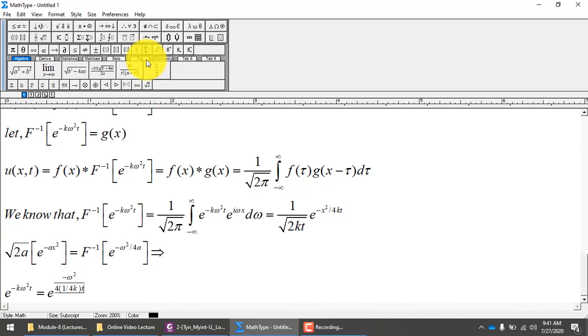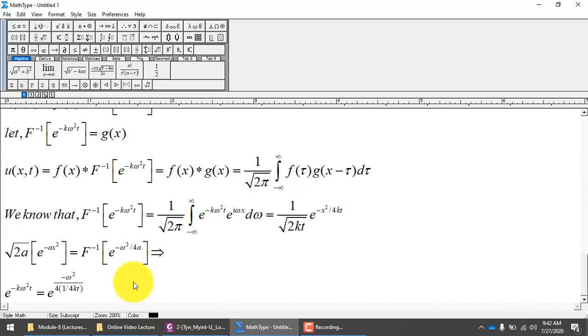Omega square divided by 4a. A should be that number such that this exponent is similar to this. So the 4 will be cancelled, the answer will be t over k, and k will be in the numerator because you have it in the denominator twice.